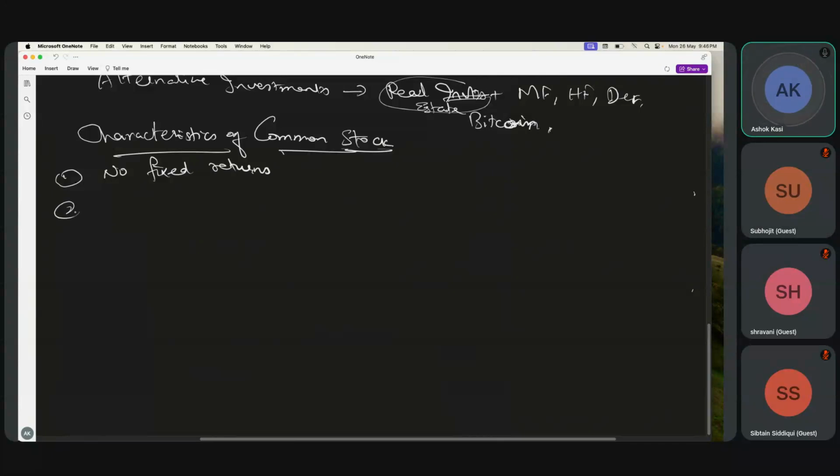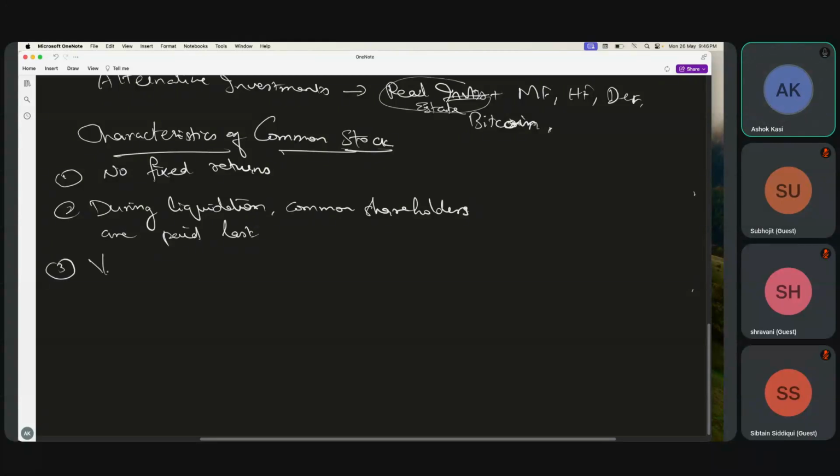Anything else? They are paid after preferred shareholders. So during liquidation of the company, common shareholders are paid last.